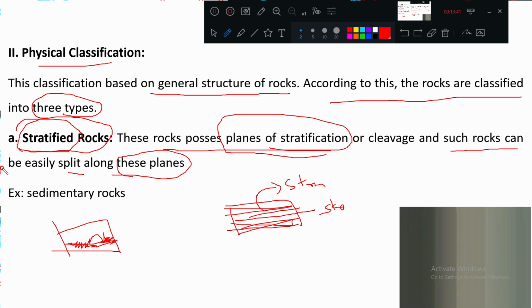An example is sedimentary rocks. Almost all the rocks coming under sedimentary rocks will have stratified nature, will have planes of stratification. Is it clear? Stratified rocks.